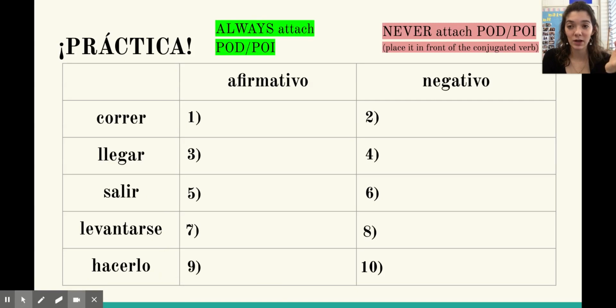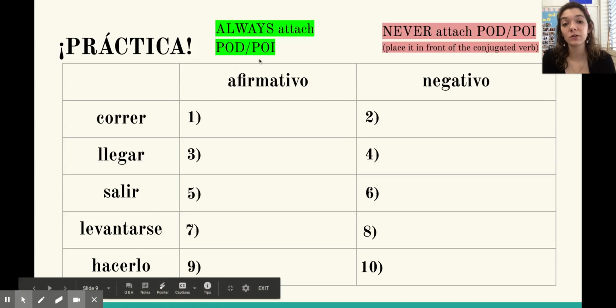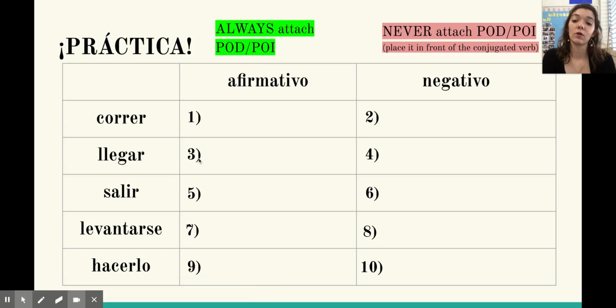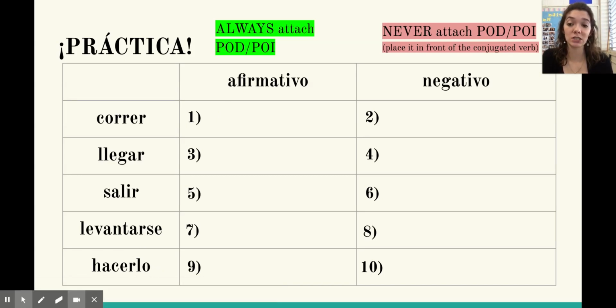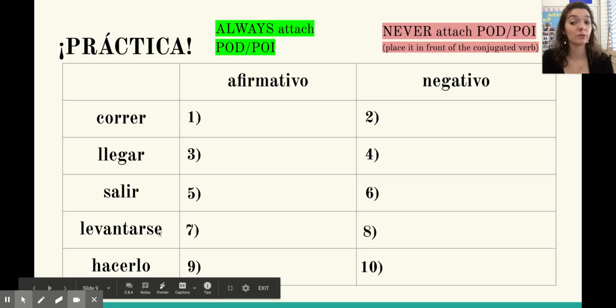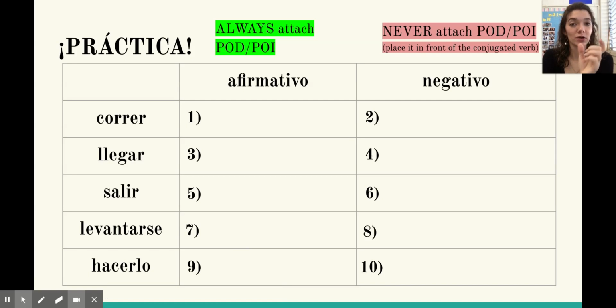The very last thing that you will learn, I'm just throwing this in there because we've done it before, but I want you to be aware that for commands, if we have a POD or a POI, a direct object pronoun or an indirect object pronoun, or a reflexive pronoun such as levantarse, lo, la, los, las, me, te, nos, les, or even a se reflexive: if it's affirmative, you will attach that to the word itself.